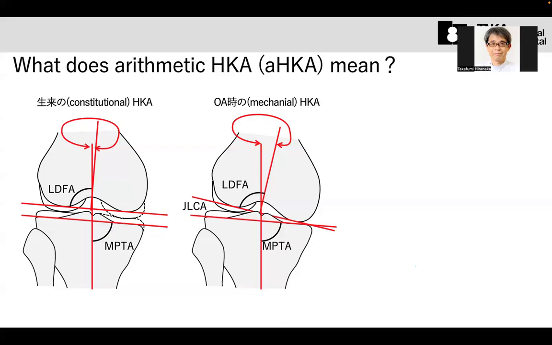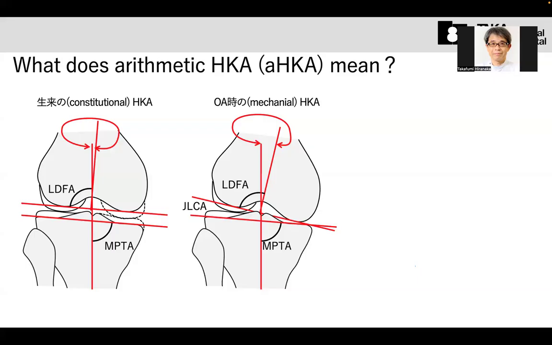This is the so-called mechanical alignment, neutral alignment. Even if the patient has cartilage wear on the medial side, in OA, if the patient's MPTA equals LDFA, the patient's native alignment should be neutral.